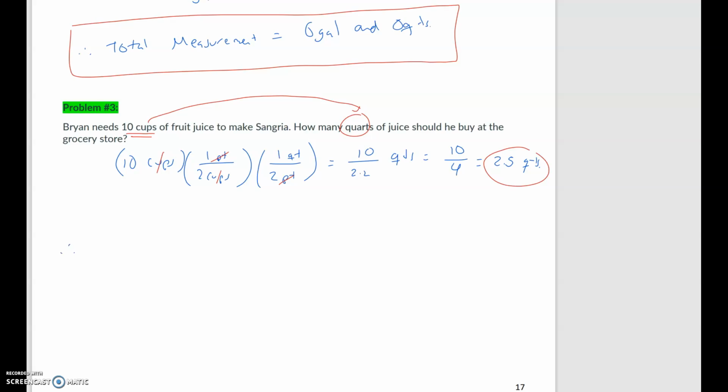So let me just write it as Brian will need 2.5 quarts, which we could write as approximately 3 quarts of fruit juice.